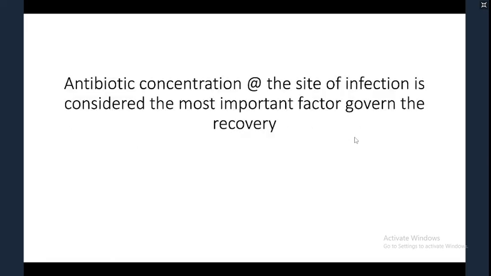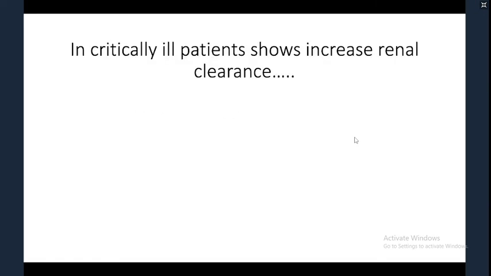Antibiotic concentrations at the site of infection are considered the most important factor governing recovery. So if you treat with aminoglycosides or vancomycin, you can still give the normal dose for the first 1 or 2 days, and later tail off the doses to suit the renal functions.